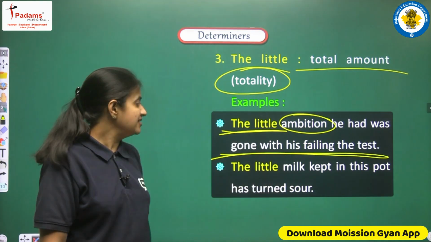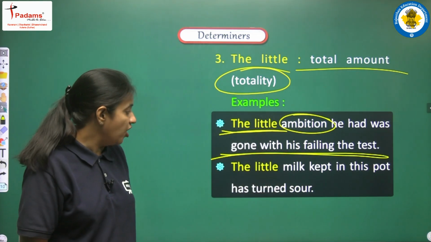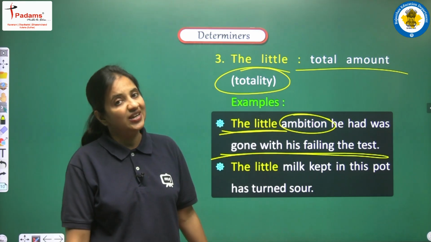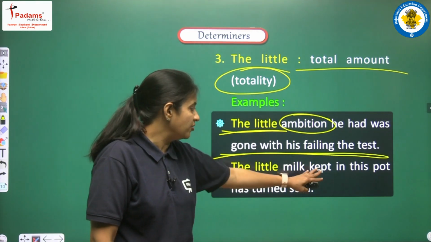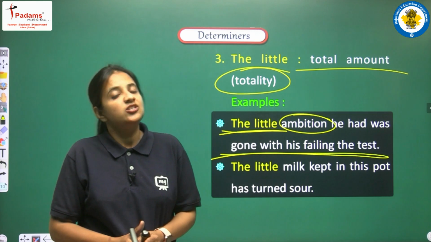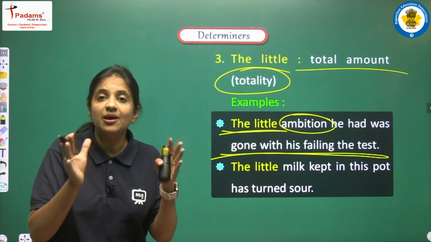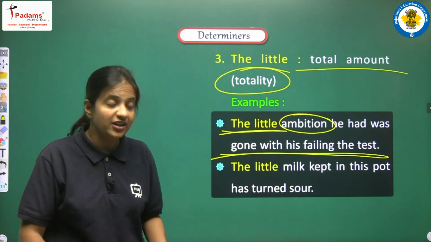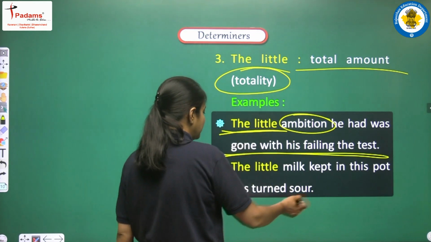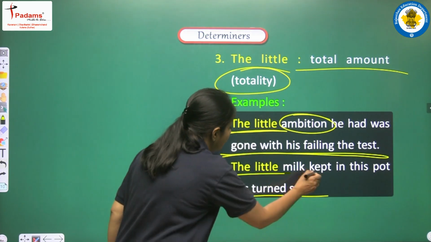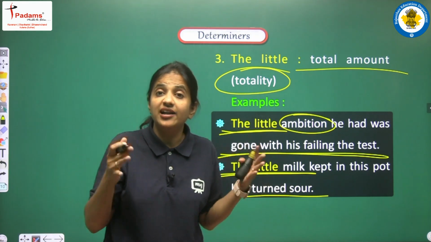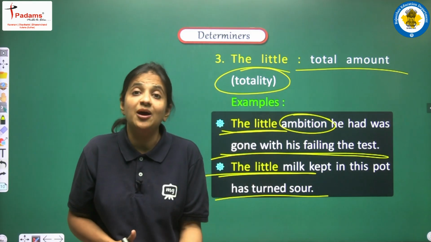Okay. Second is, the little milk kept in this pot has turned sour. So again we are trying to show that whatever milk there was in this pot, right? We are talking about the total amount, the total quantity of the milk. So that milk has turned sour. So all the milk that was in the pot has gone bad.